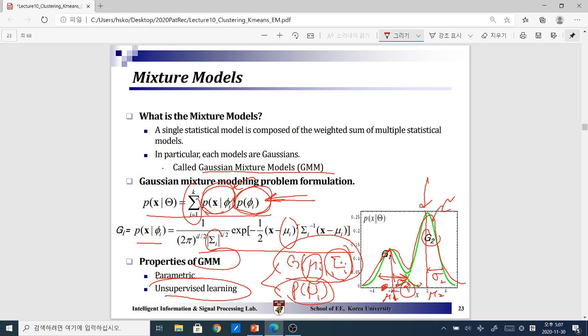Not only that, they don't have any parameters as of yet. These are considered latent variables, which need to be estimated by means of maximum likelihood estimation, and that procedure is called the expectation maximization procedure.